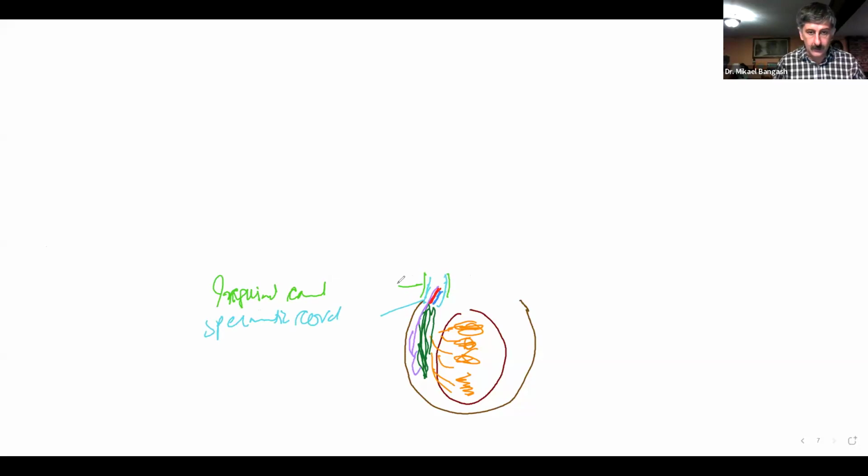And here we now can say that we have the urinary bladder. So mainly it is going to be running up on the sides of the urinary bladder.